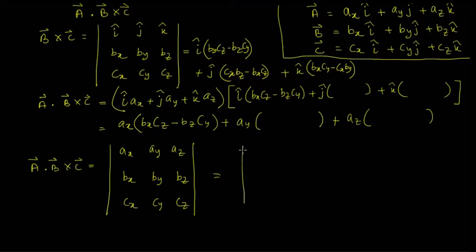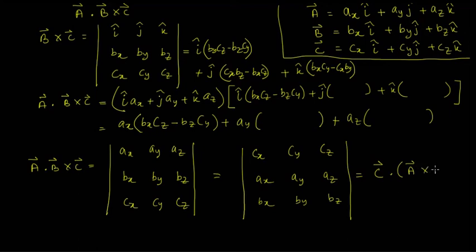So this is cx, cy, cz, then ax, ay, az, then bx, by, bz. This is basically c dot a cross b. So if you change it cyclically, there is no change in the sign, from the property of determinants.